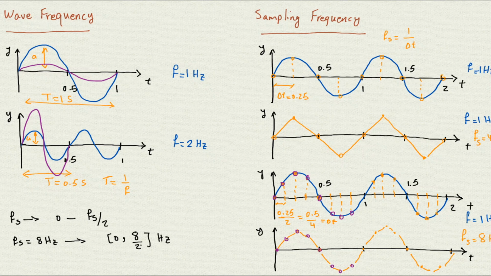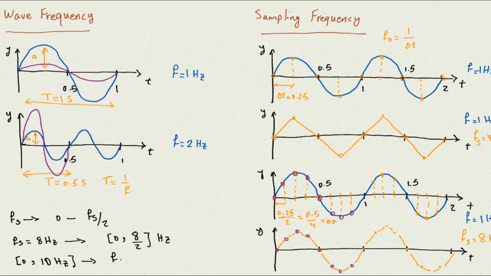So in another example, if I want to analyze the data between, for example, 0 and 10 Hertz, then I have to have my sampling frequency 2 times this maximum value.